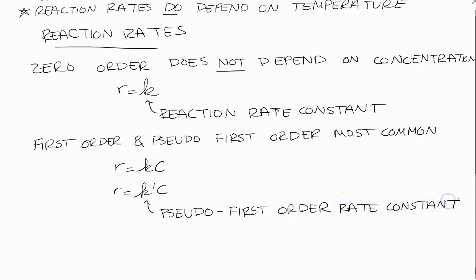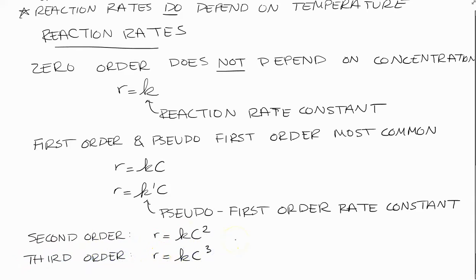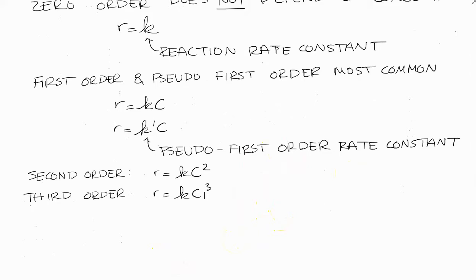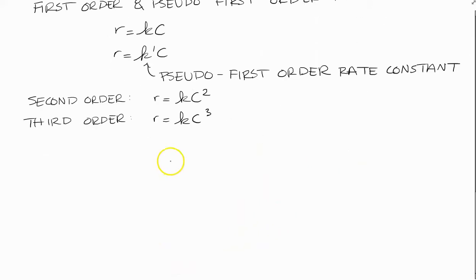Remember that pseudo first order reactions you can basically treat like first order reactions, but they might not technically be first order reactions. We also have second order reactions where the reaction rate depends on the square of the concentration, and third order reactions where the reaction rate depends on the cube of the concentration.